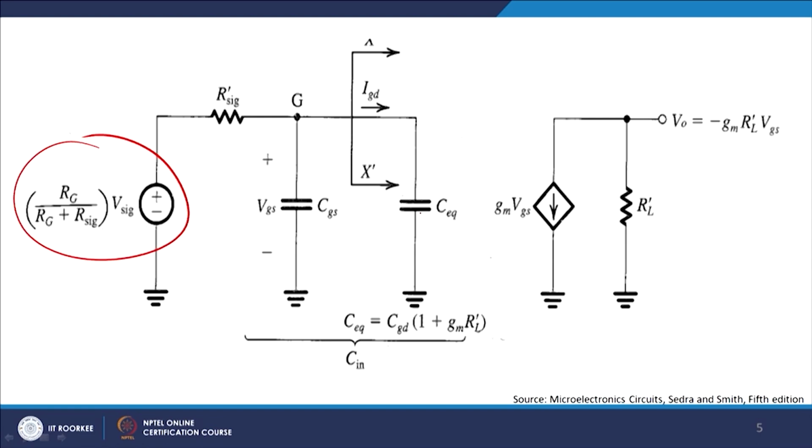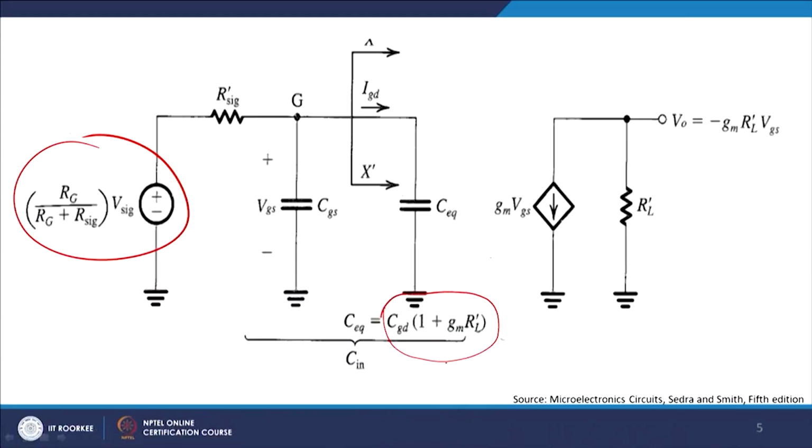In the output side, quite interestingly, I get CGD multiplied by 1 plus gm RL prime, right. I am not deriving it in the class, but C equivalent or input capacitance will be CGD into 1 plus gm RL, which means that initially the device would be looking only at CGD, but because of a coupling between gate and drain, you have a multiplication term 1 plus gm times RL prime. This phenomenon is known as Miller effect.